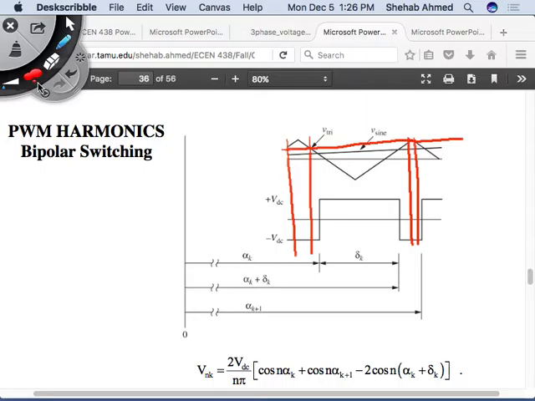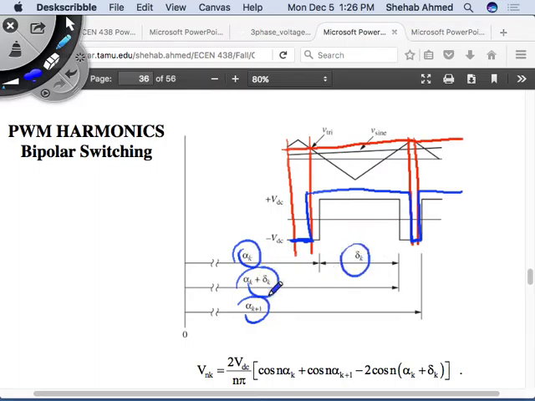So I will get a pulse that looks like this. If I change the magnitude of my sine wave, I've changed my pulse. I've changed the pulse width, and I've changed the angles, right? But the pulse is still defined by the same 4 angles.